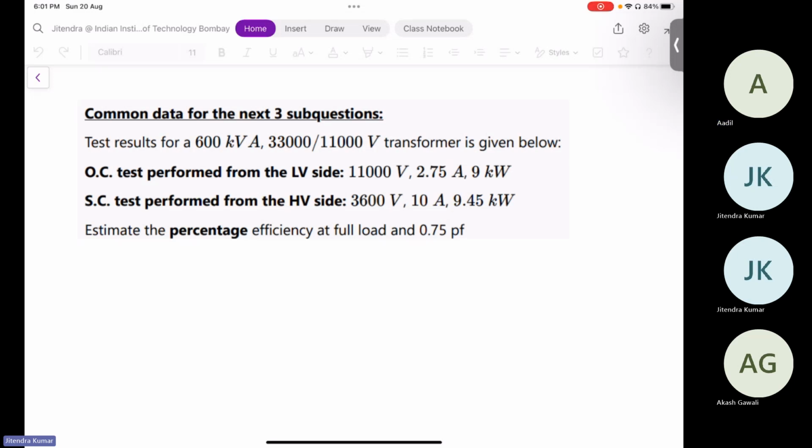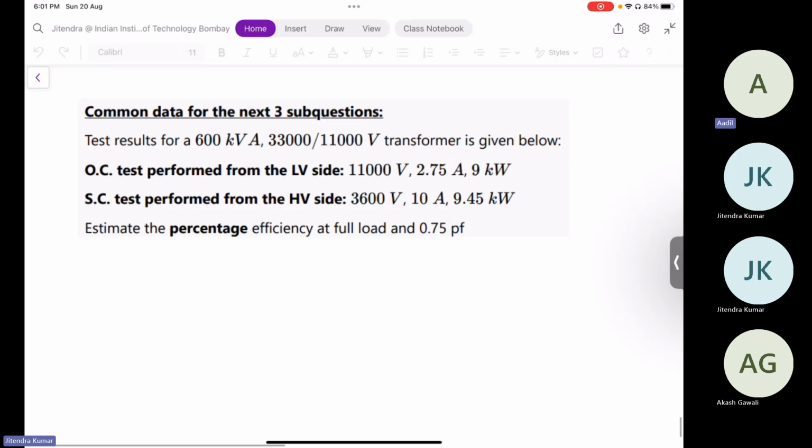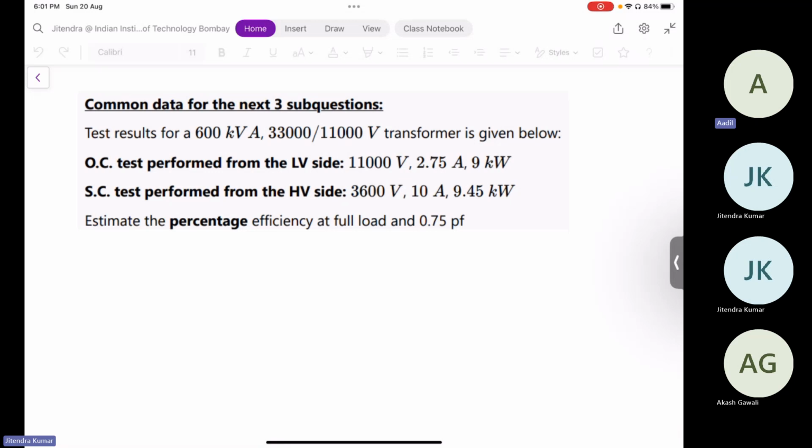You tried this problem in last week's assignment, there must have been some problem related to this problem, right? Yes, sir, I got it wrong. Why? Because the short circuit test was performed from the HV side, so it was not the rated current.